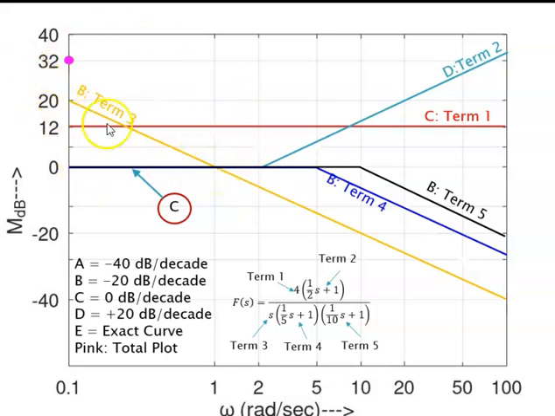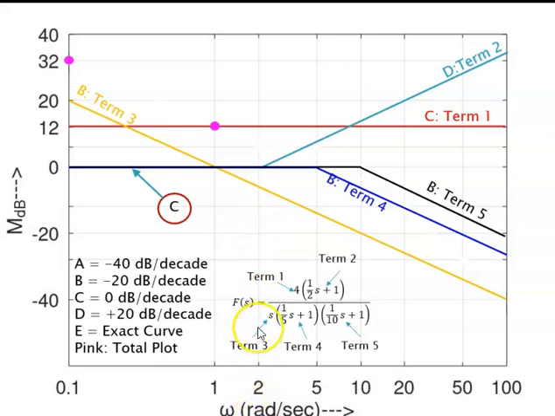Term 3 is also passing through the 0 dB line. So if you sum up all the contributions of terms, you will be left with this 12, because only term 1 has a contribution. All the other terms do not contribute anything at 1 radian per second.